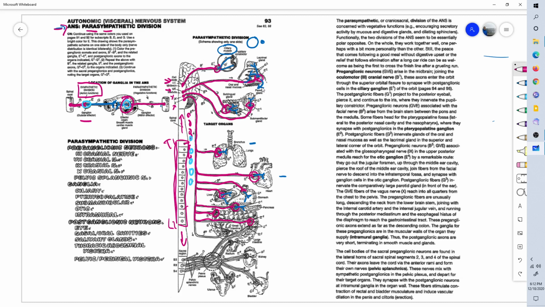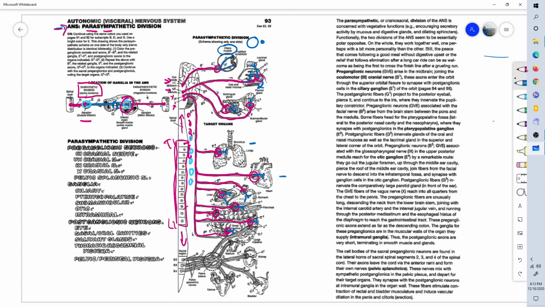And you can see, of course, the shorter postsynaptic neuron. Lastly, another long presynaptic neuron synapsing with a short postganglionic neuron to the small intestine.